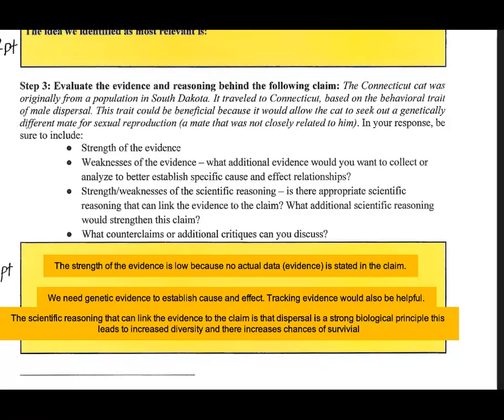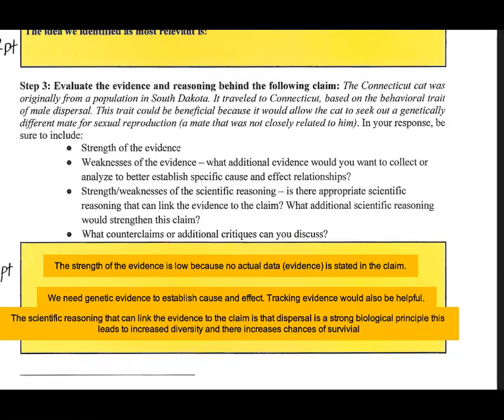So we would probably, I'm not going to write it, I'm just going to discuss it, but you would need studies to support this, that breeding outside your general area would increase the health of that genetic population over a period of time. So that's not something you can do in just one investigation. You would have to collect years of research.